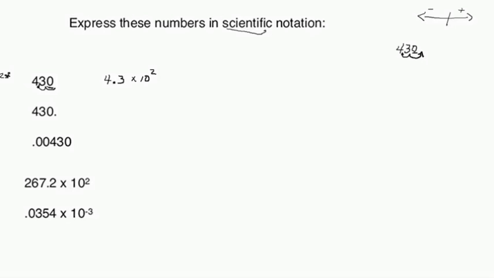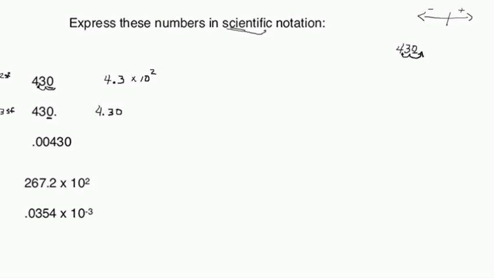Alright, so now you look at the next one, and that's 430 with a decimal there. The decimal there tells you that that 0 is significant. So this number is going to have 3 significant figures. So when you begin to write the first part of your scientific notation, you're going to write 4.30 because that 0 is significant.